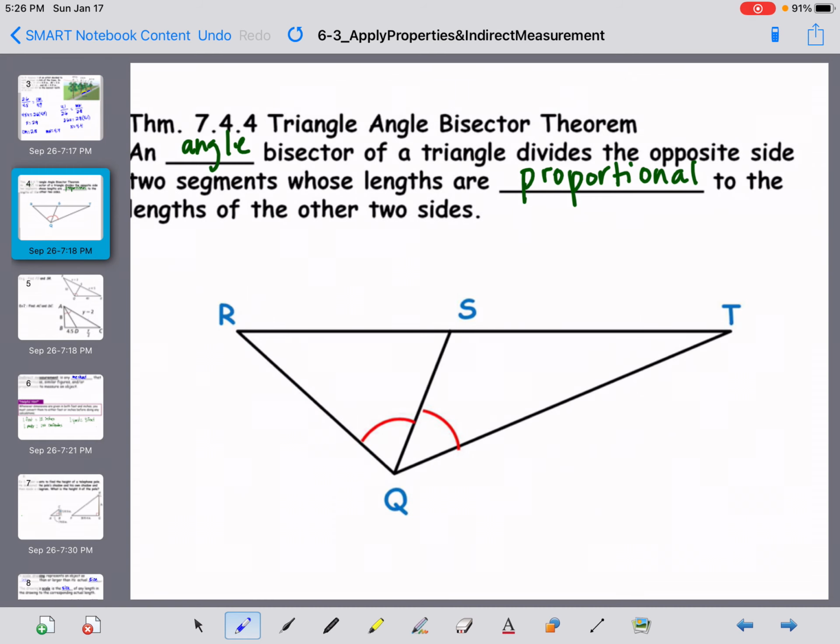All right, we've got the triangle angle bisector theorem. An angle bisector of a triangle divides the opposite side into two segments whose lengths are proportional to the lengths of the other two sides. Same kind of setup. RS and RQ will have the same ratio as ST and QT.